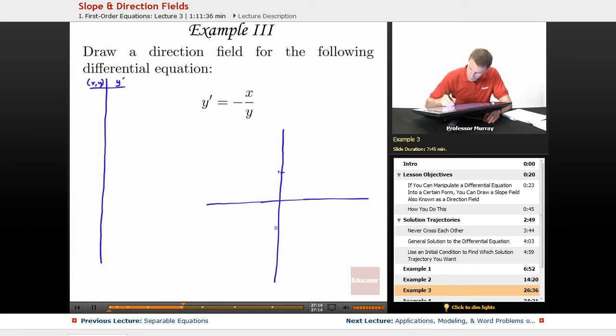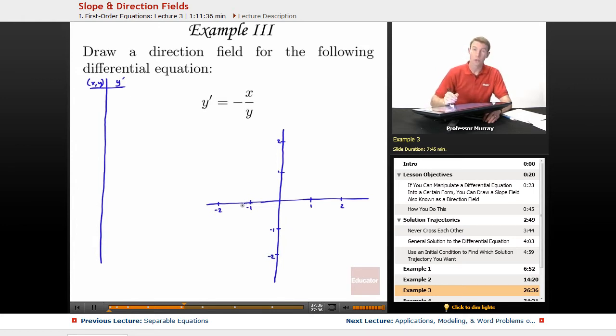So there's 1, there's -1. Oh, that one was a little far out. Let me draw that a little closer. There's -1, and there's 1, 2, and so on.